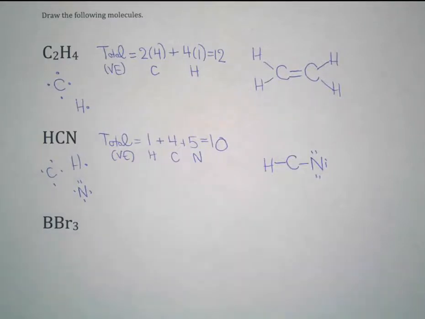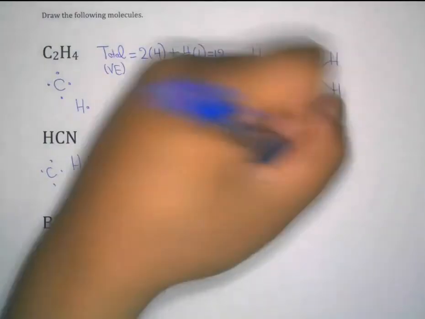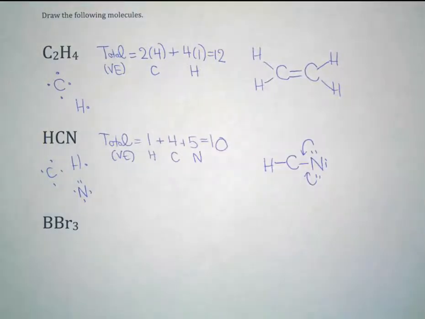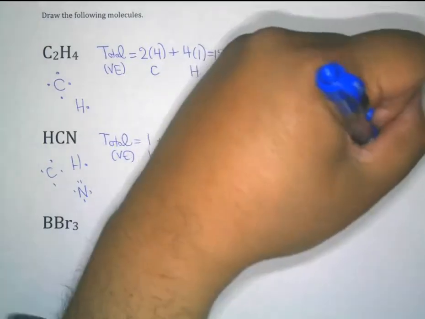To satisfy the octet around the C atom, 2 pairs of electrons around the N atom move towards C, and as a result, a triple bond is made.